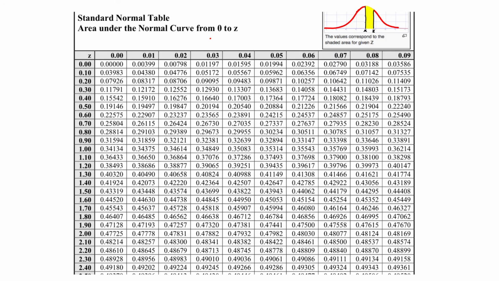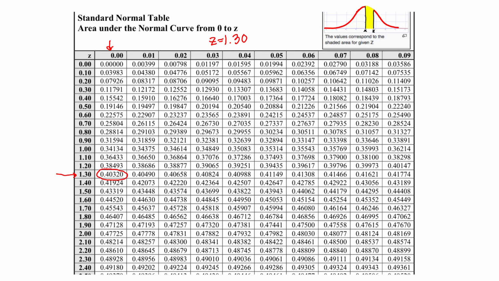Using our z value of 1.30, we look it up, and that gives us the amount of 0.40320.